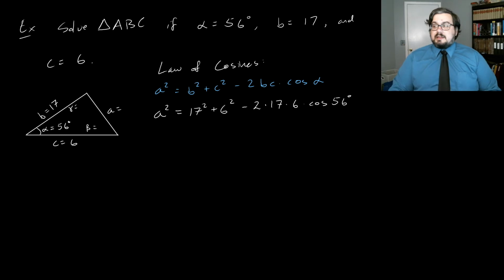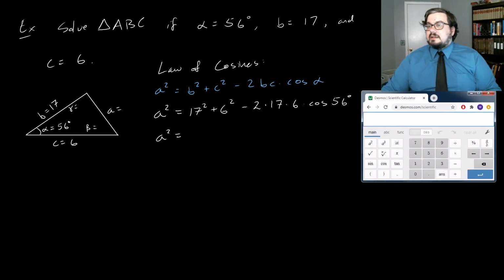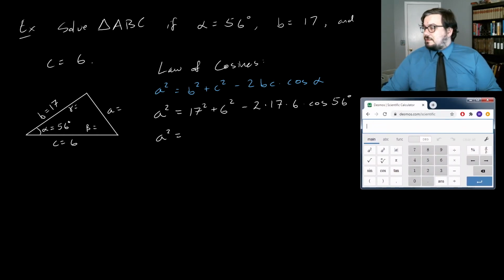And so that's a great big expression that you will just plug into a calculator. So let's do that. We get that a squared is equal to 17 squared plus 6 squared minus 2 times 17 times 6 times cosine of 56.